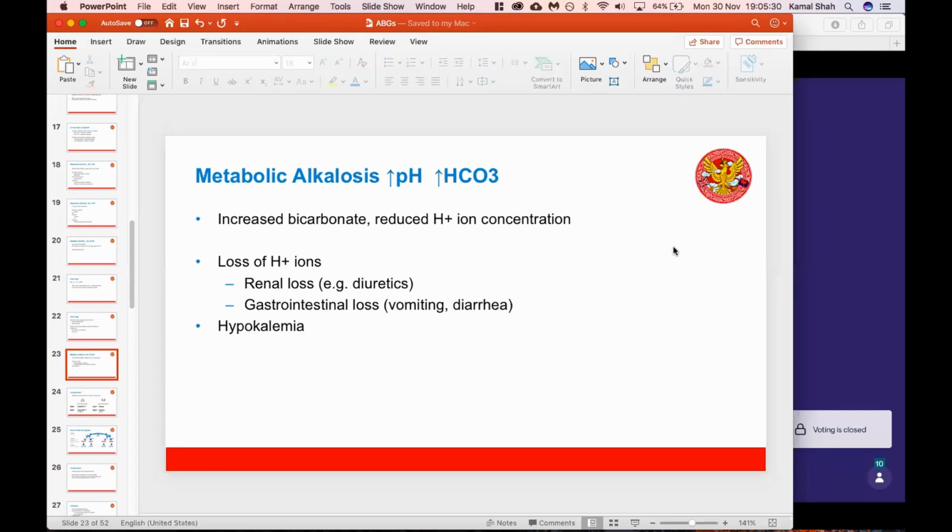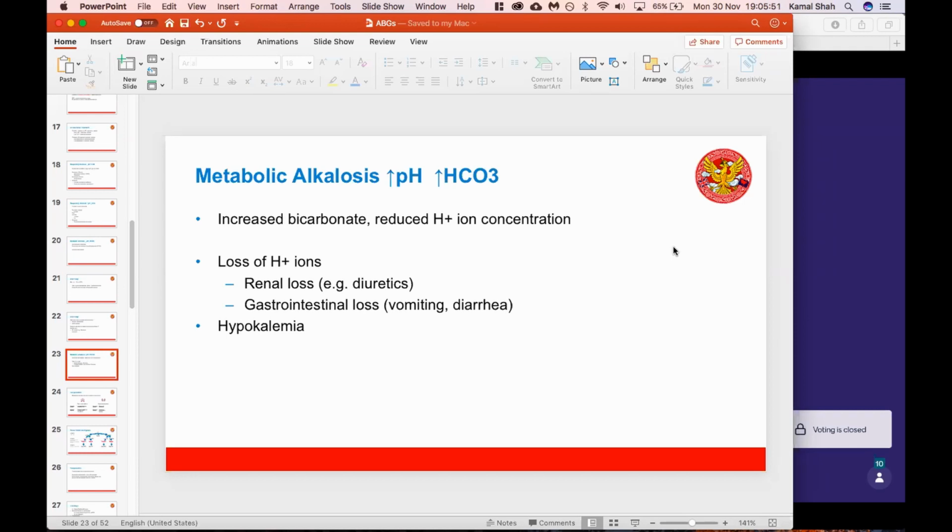If we think about how the body loses these protons, these H plus ions, we might have renal losses. Diuretics are probably one of the biggest causes of metabolic alkalosis that you'll see. So if someone is on diuretics, that could cause this alkalosis.